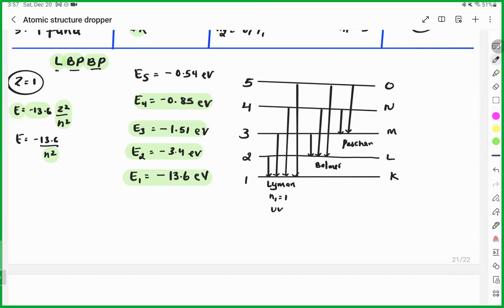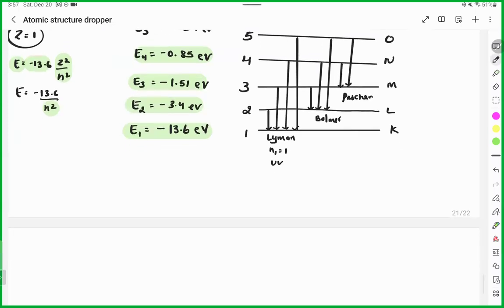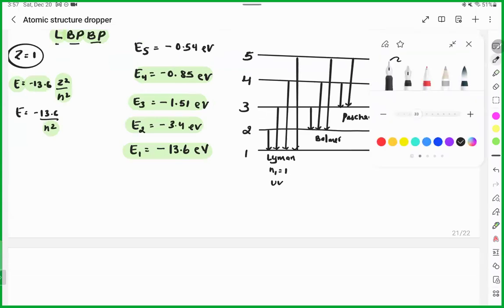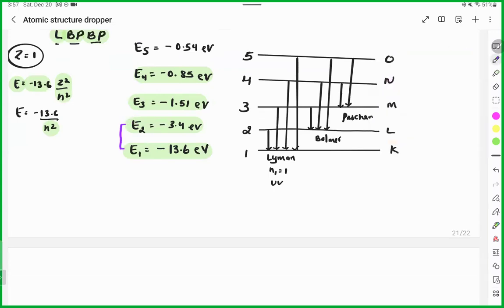Okay. So in the first case, we are dividing by 1 square, second 2 square, third 3 square, fourth 4 square, fifth 5 square. Okay. Sometimes we have to calculate the difference between them. Example, Sania, what is the difference between E1 and E2? Final minus initial, E2 minus E1.